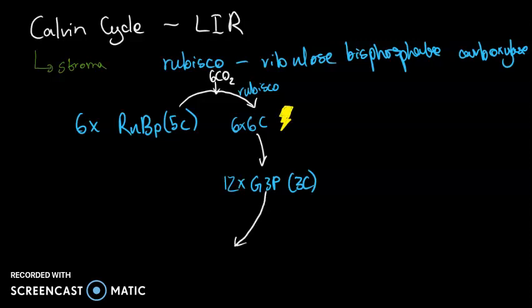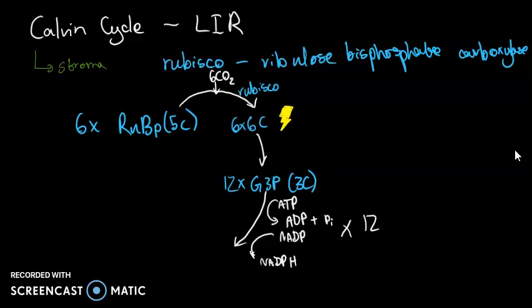Next, ATP and NADPH react with these compounds. Specifically, ATP phosphorylates this molecule, breaking down into ADP plus a phosphate group.